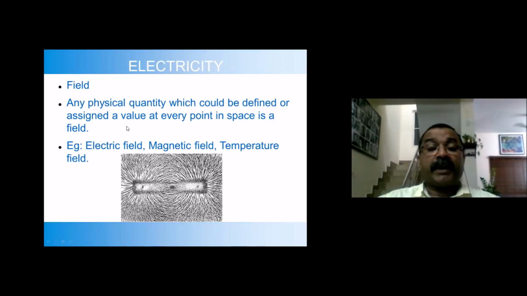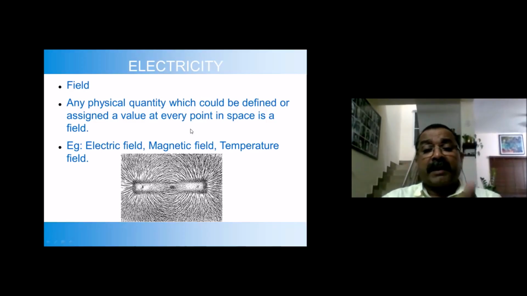Any physical quantity which can be assigned a value at every point in the space or in the universe is called a field. Uncle has given you some examples. There are electrical fields, magnetic field, then temperature field.